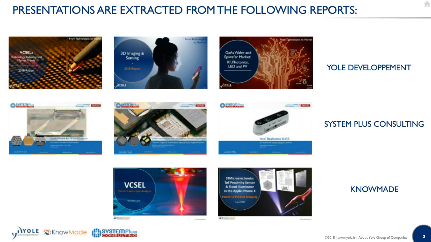I will try to give you some figures so that you have a vision of the yield that we have estimated on the last iPhone. In 2017, we were estimating a manufacturing yield, from the raw gallium arsenide substrate used to make the epitaxy to the final chip, of between 10 and 30% for the VCSEL used in the dot projector and the flood illuminator.